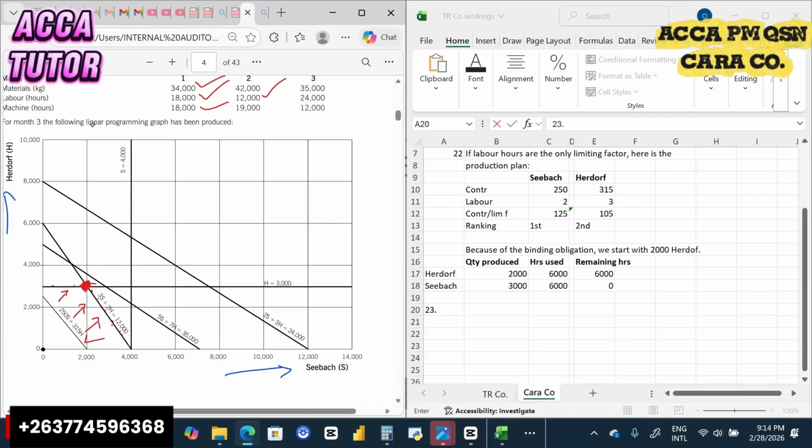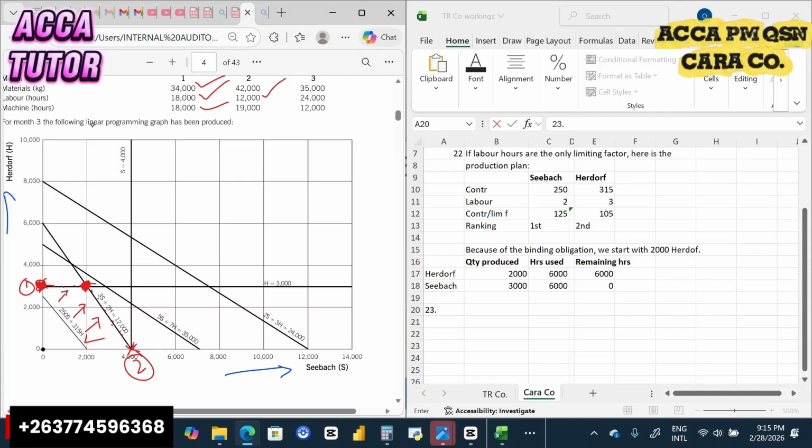You might argue and say, what about this point? What about that point? Which point? This. Are you seeing my pen? There is point number 1, point number 2. Those are also edges of the feasible region, right?